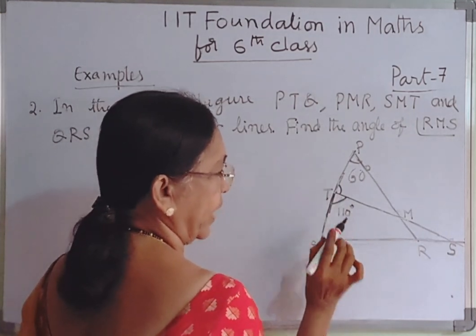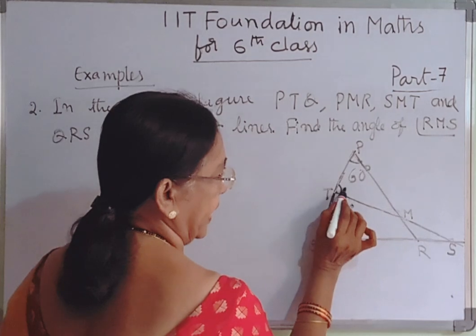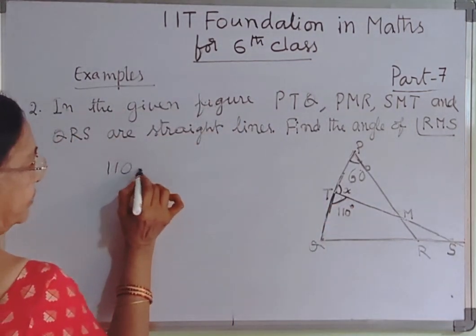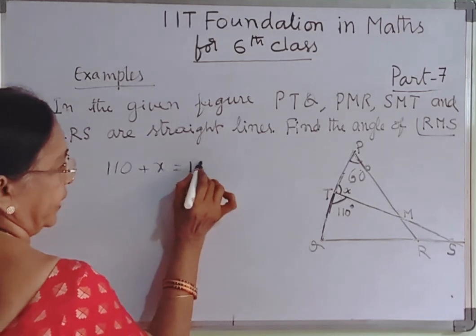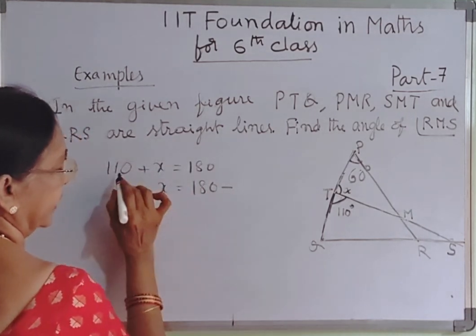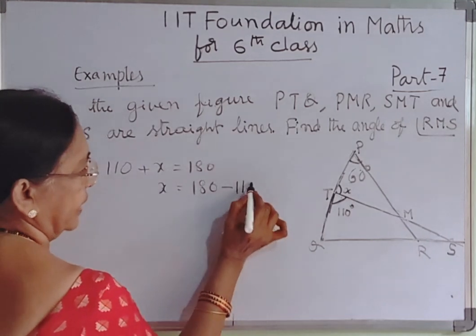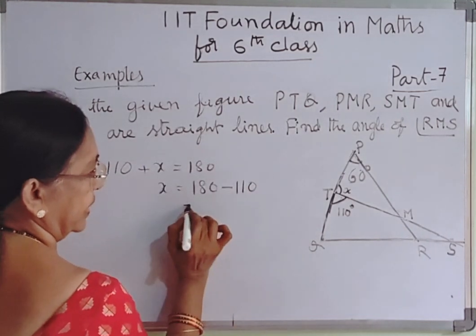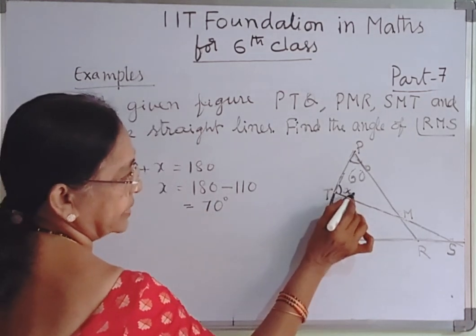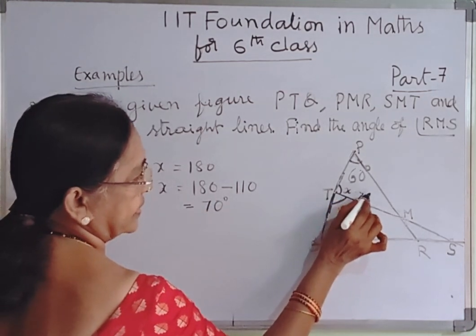So, sum of these two angles is equal to 180 degrees. Let this angle be x. Then sum of the two angles, 110 plus x is equal to 180, or x is equal to 180, and taking this 110 to the other side, it becomes minus 110. 180 minus 110 is equal to 70 degrees. So, x is equal to 70 degrees.